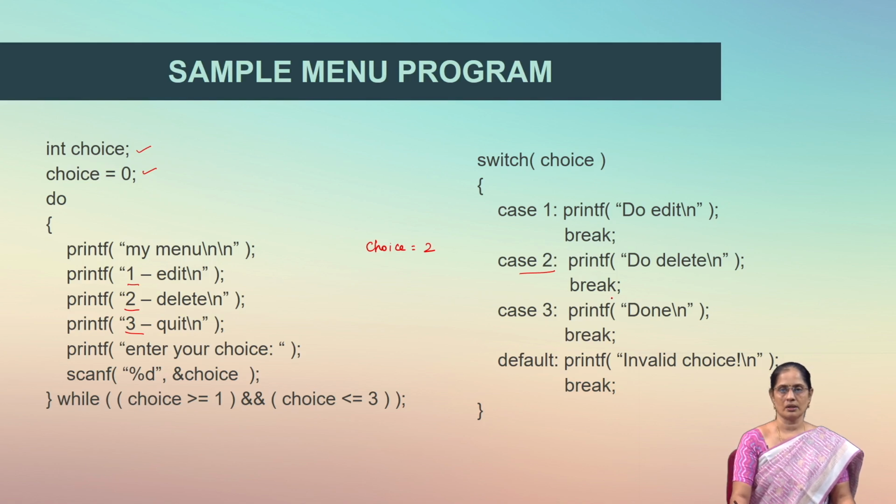For the second execution, if I give the choice value as 3, it matches case 3 and just displays the value to be done. This is how a menu driven program can be created using the simple switch statement. It is easier for us to do multiple selection and multiple condition checking using the switch statement.